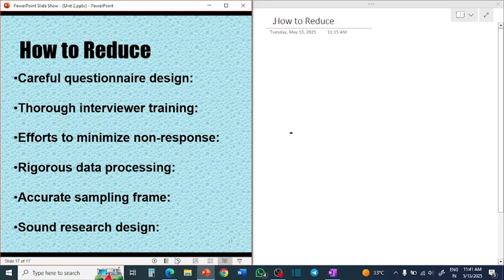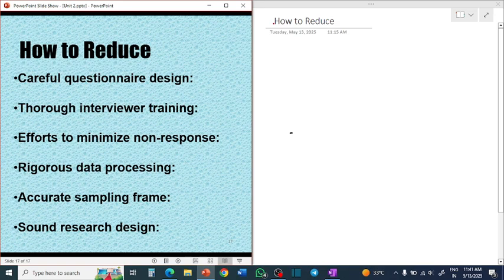Whether the researcher collects the data or anyone else is sent to collect the data on the behalf of the researcher, they should have extensive experience and extensive training before doing that work. Effort should be done to minimize non-response. So you should make the effort by telling the persons to fill up the form or checking from time to time whether they have filled up the required questionnaire or not.